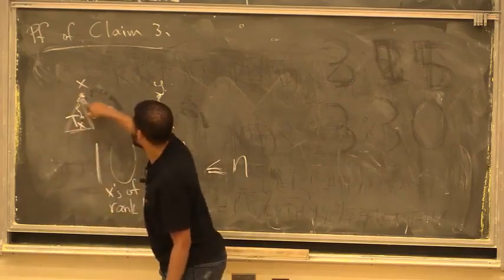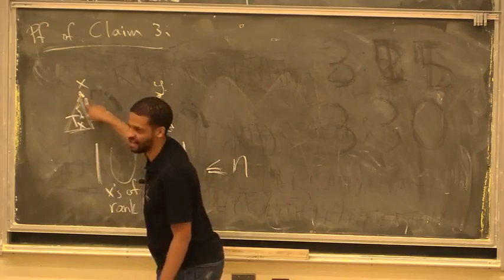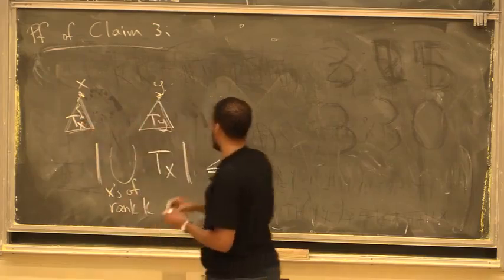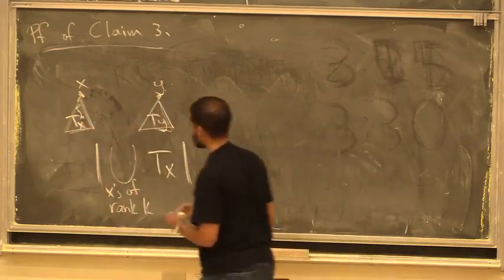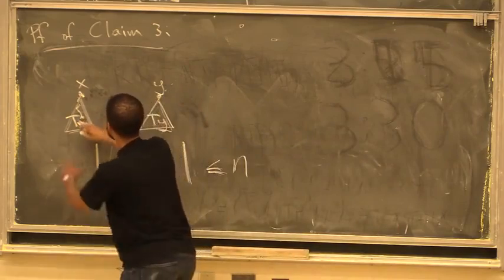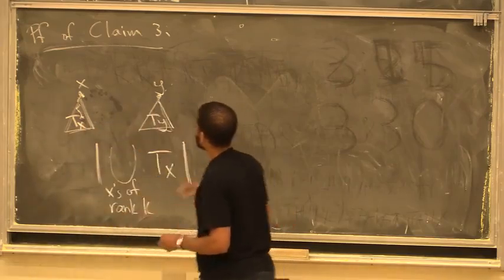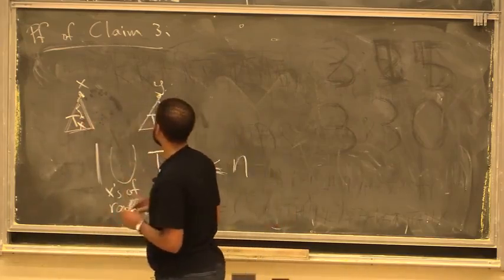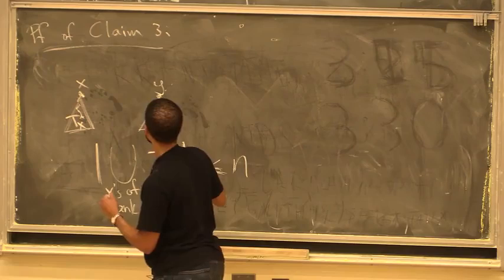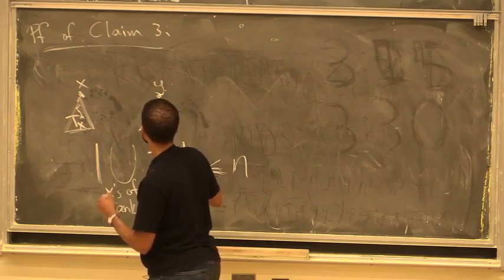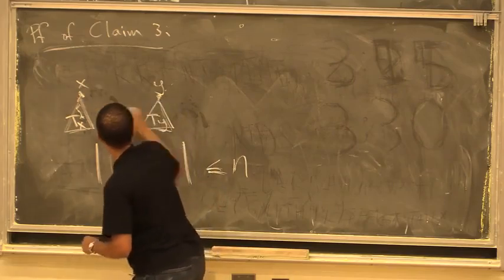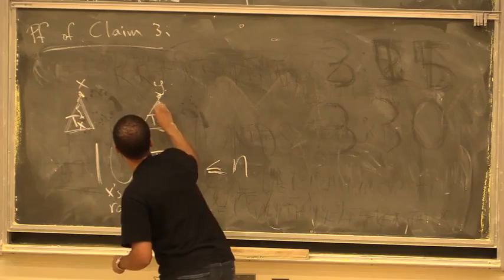And this guy has some rank, which is k right now. The only way that X could ever end up in this tree means that at some point there had to be some sequence of unions where X's tree now is under Y.